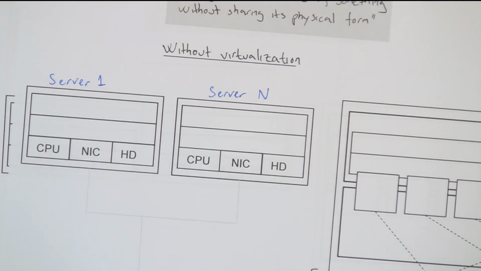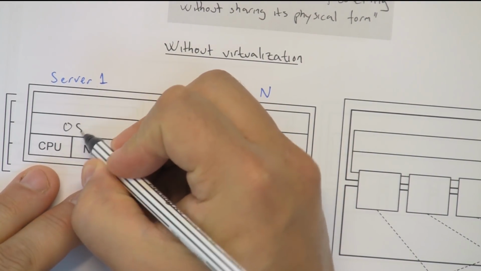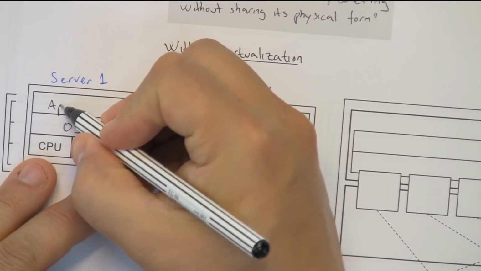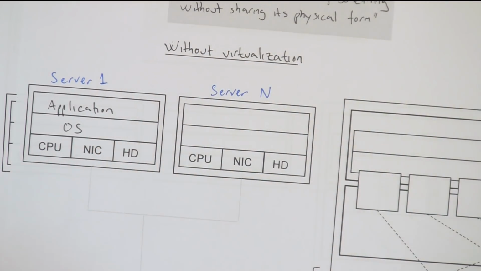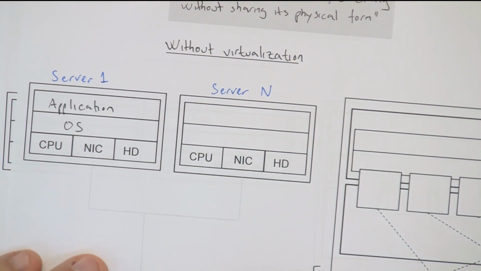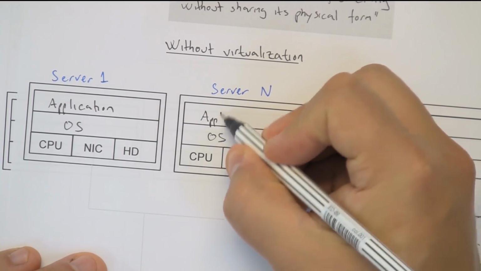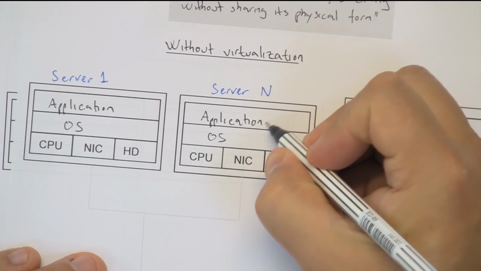In these physical servers, we can run operating systems. So here's an operating system, and here is an application. Over here is an operating system and one or many applications.